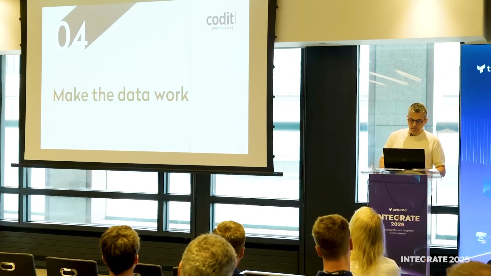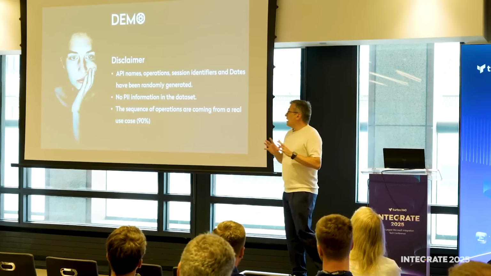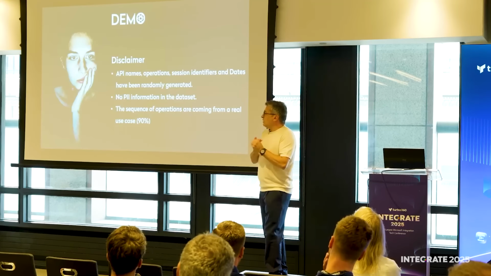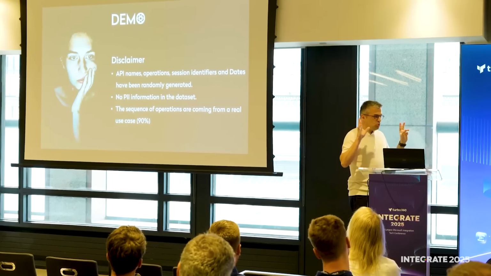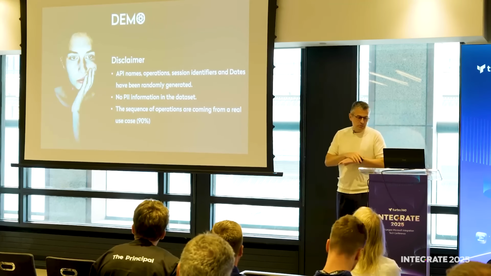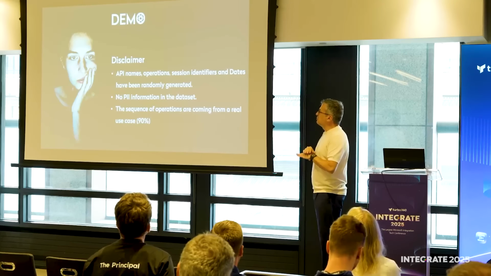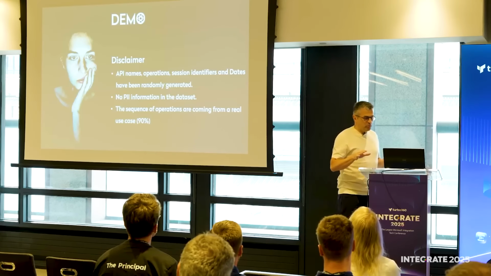Let's go to demo time. But first, one thing. What I'm going to show right now belongs to Contoso Online. API names, operations, everything has been randomly generated. There is no real data, no production data, no PII.